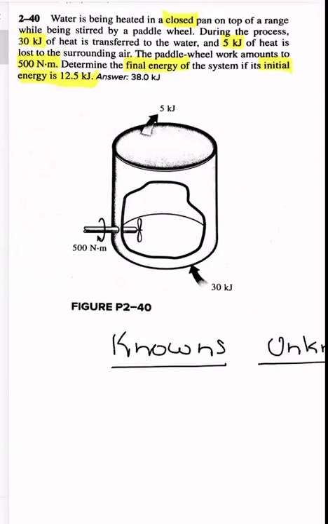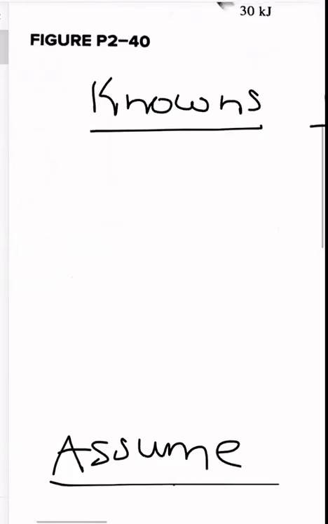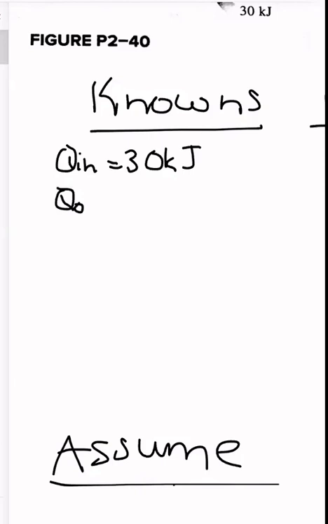So the first thing we're going to do is write down our knowns and unknowns. We can say our Q in equals 30 kilojoules. Our Q out equals 5 kilojoules. Our work is 500 Newton meters.